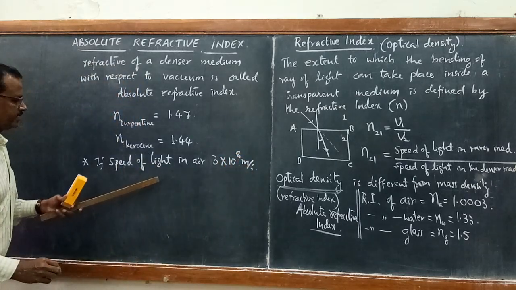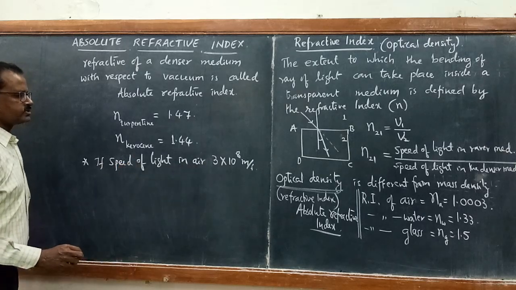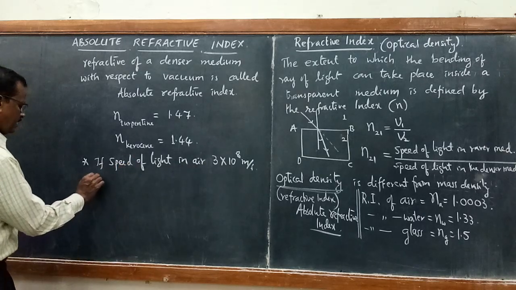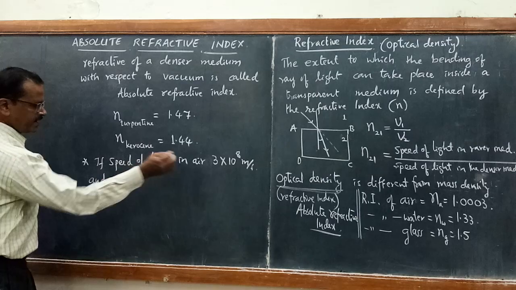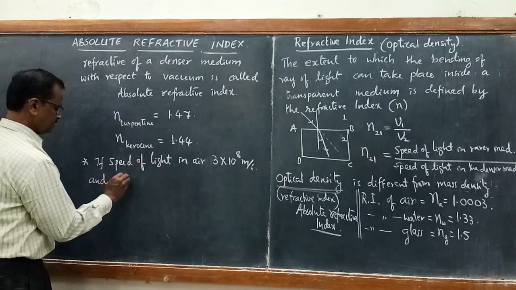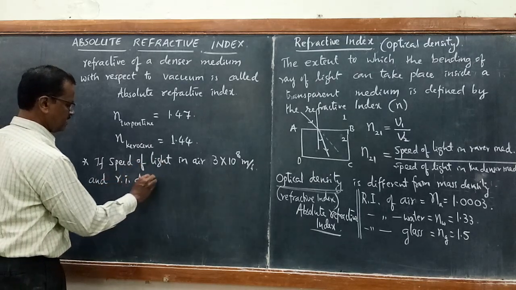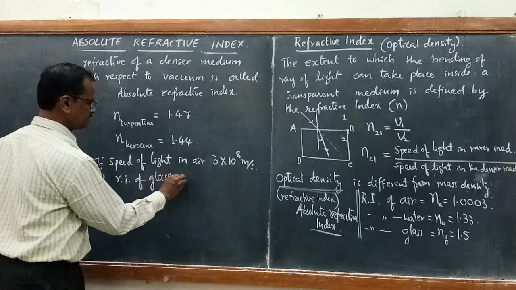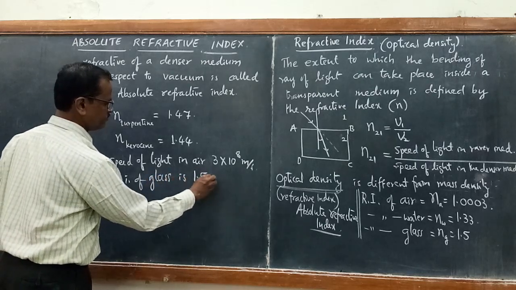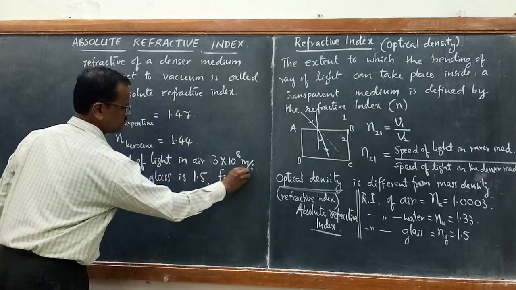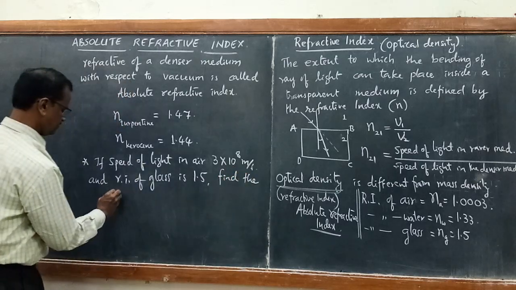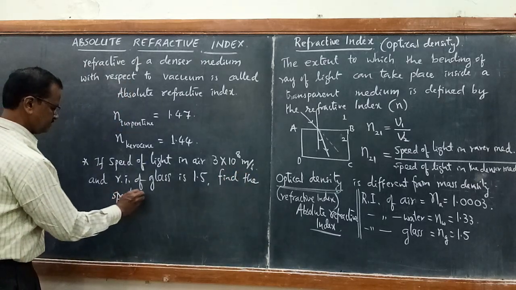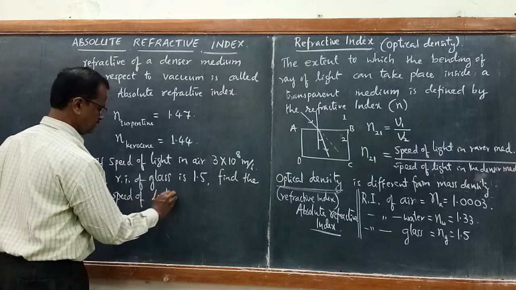If speed of light in air is 3 into 10 raised to 8 meters per second and refractive index of glass is 1.5, find the speed of light in glass.